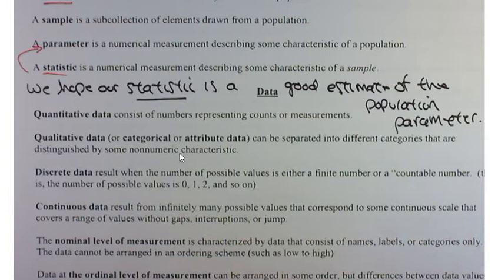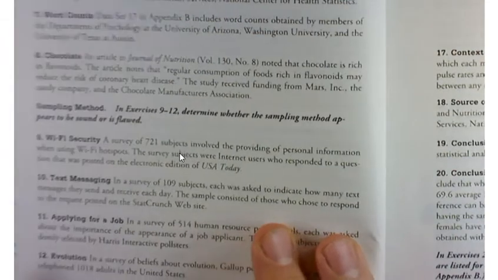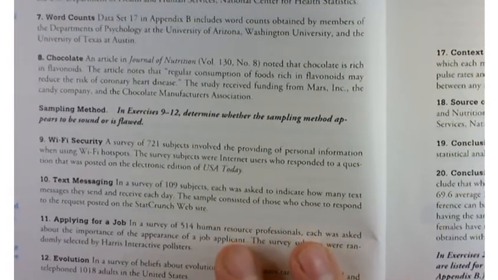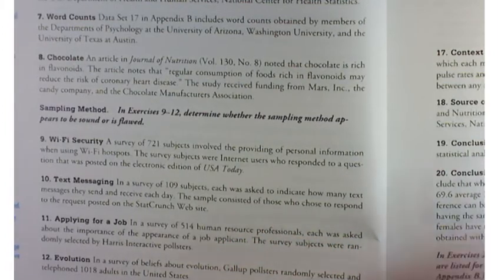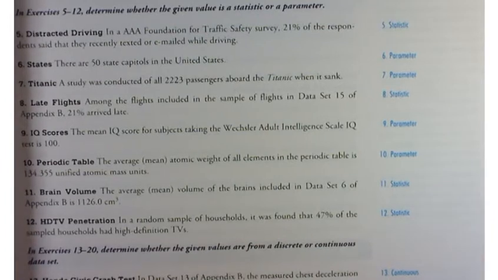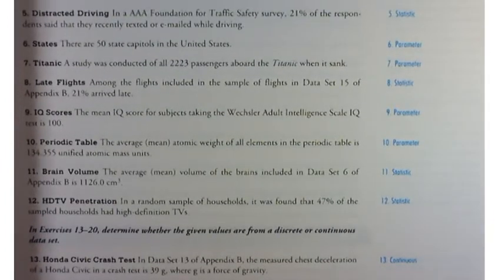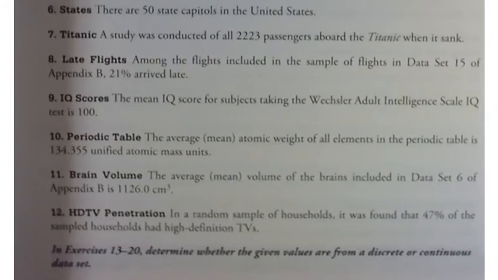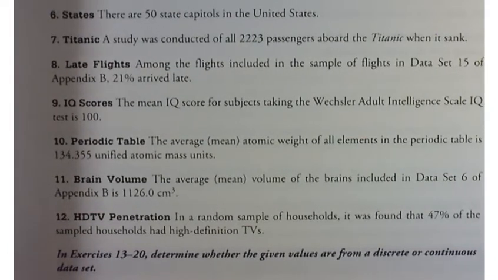Let's look at a couple problems in the book that relate to statistics and parameters. So this is section 1.3. And the goal here is to determine whether the given value is a statistic or a parameter.